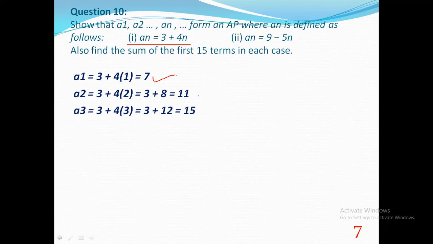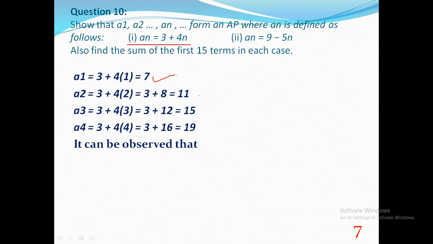So this is the AP here, and we have to show that they are in AP: 7, 11 and 15. A4 also I calculated, that is 19, 3 plus 4 into 4.